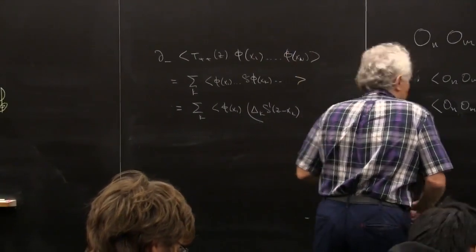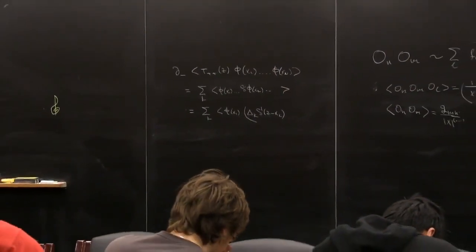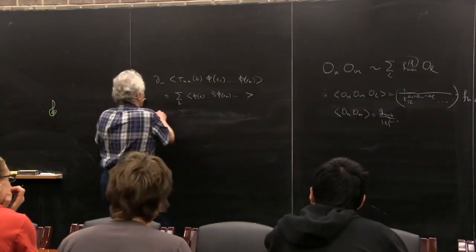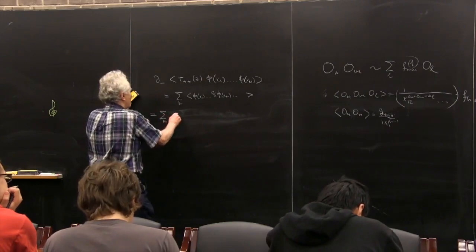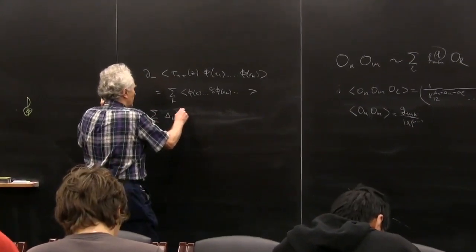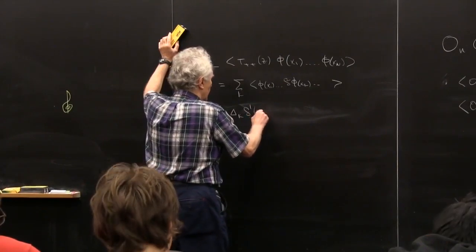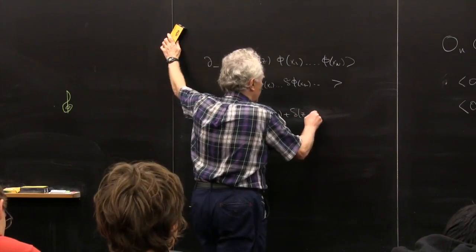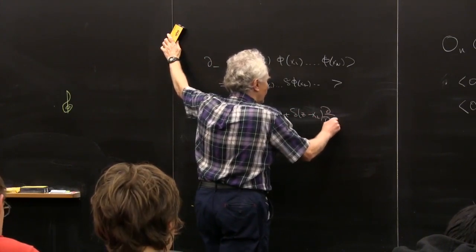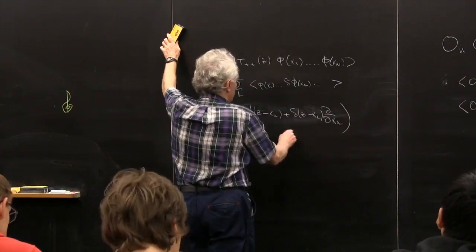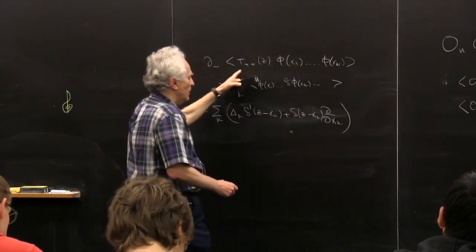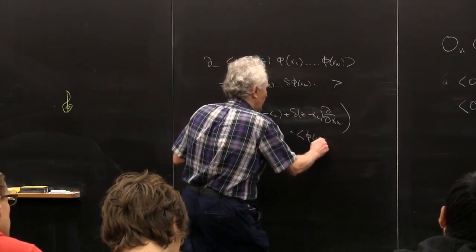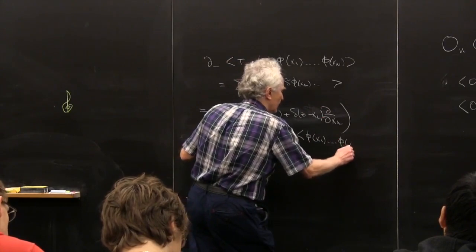Let me write it slightly differently. So we have the sum over k, delta delta prime of z minus xk plus delta of z minus xk d dxk. This operation, the geometrical meaning of which we will find in a second, should be applied to phi x1 ... phi xn.